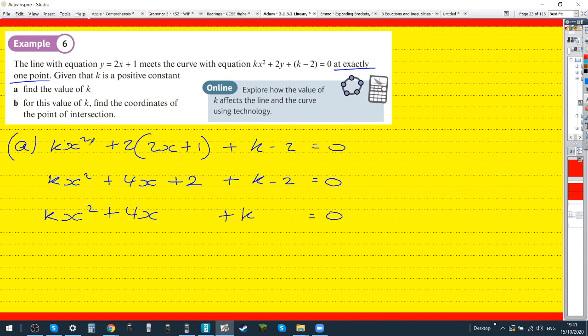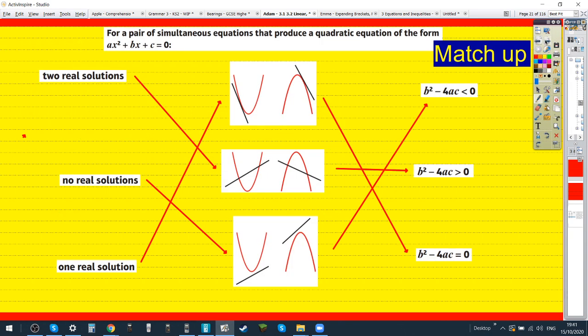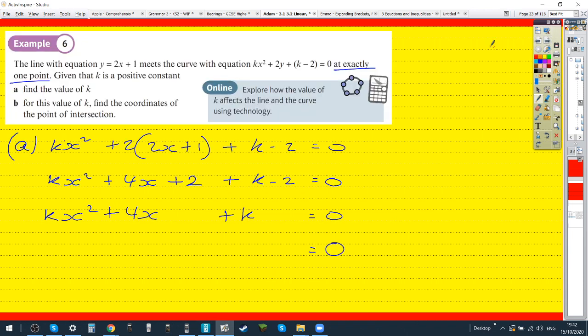It's always equal to 0. What is equal to 0? Would k be equal to 0 then? No. Look at the diagram. One real solution. What is equal to 0? Oh, b squared minus 4ac equals 0. Yeah. If there's only one solution, then the discriminant will be equal to 0.